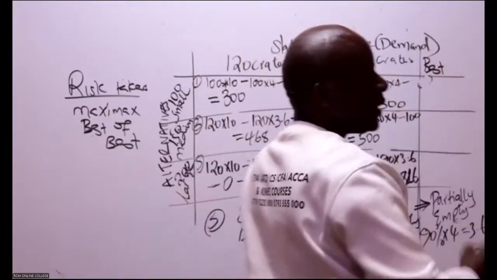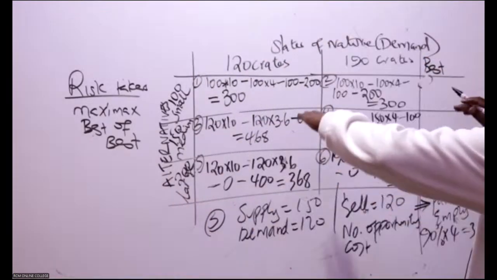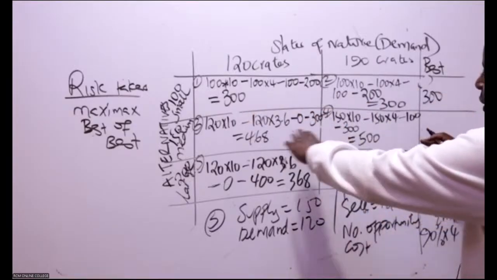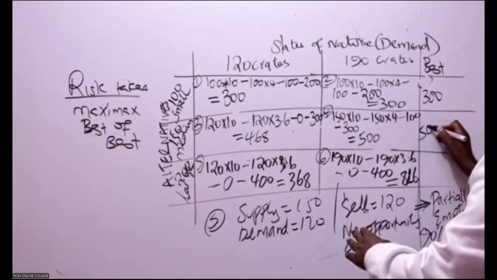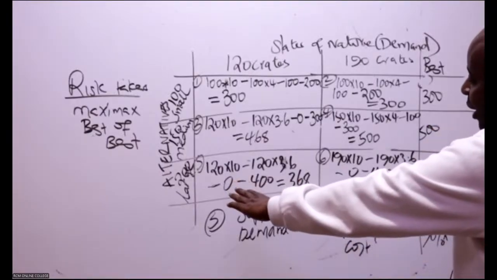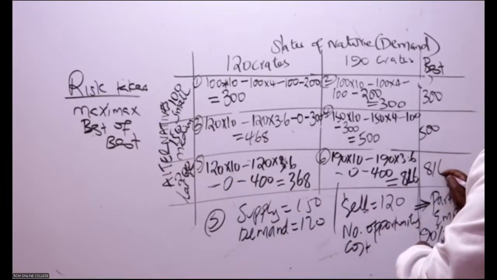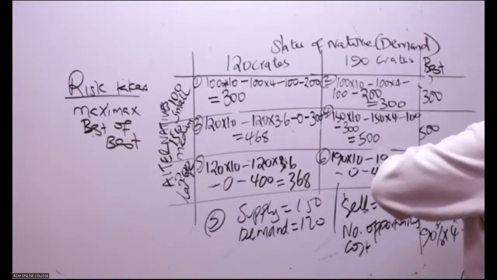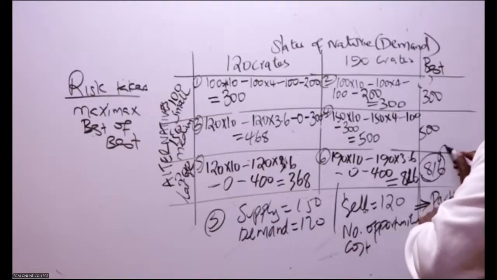The very best profit for small is 300. The best profit for medium is 500. And the best for large is 816. Amongst the best, you only select one maximum of maximums, 816. This is the best of the best.